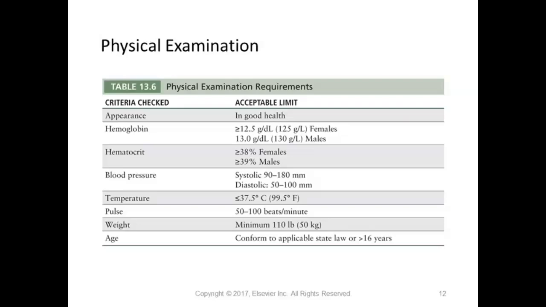So at that point, they can determine whether or not your hematocrit level is high enough to donate. Because, of course, if you're anemic, they're not going to take blood from you and then have you feeling bad or you need your blood back.